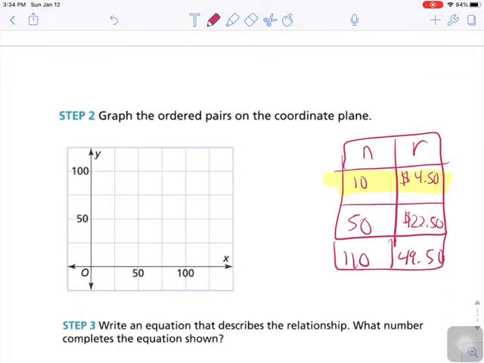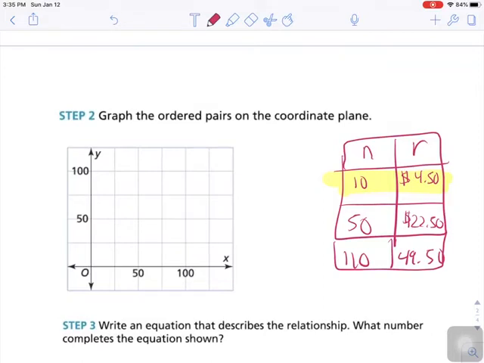So think about how would we graph these points here? What would we have to do? When we have our coordinate points, how are we going to graph these?